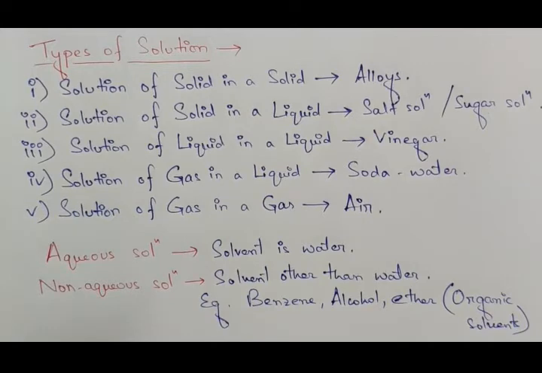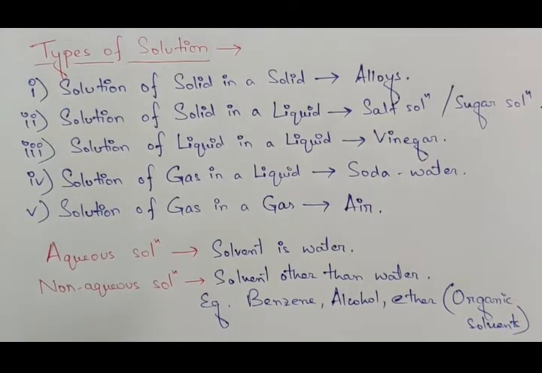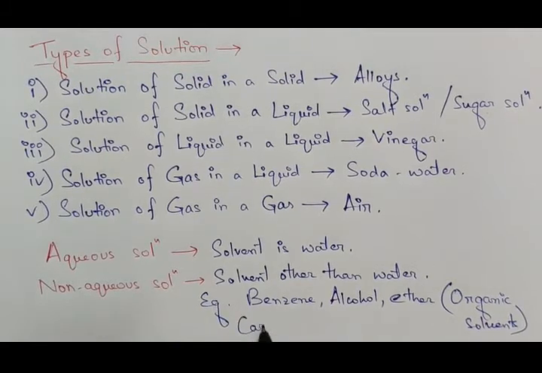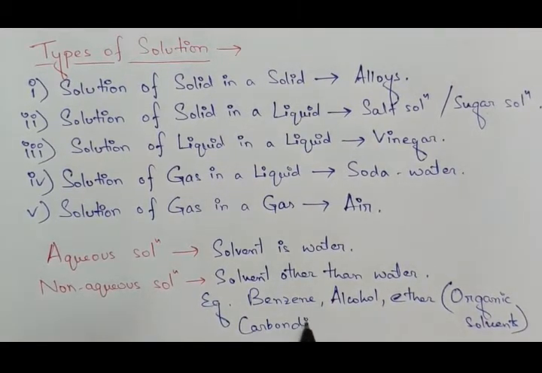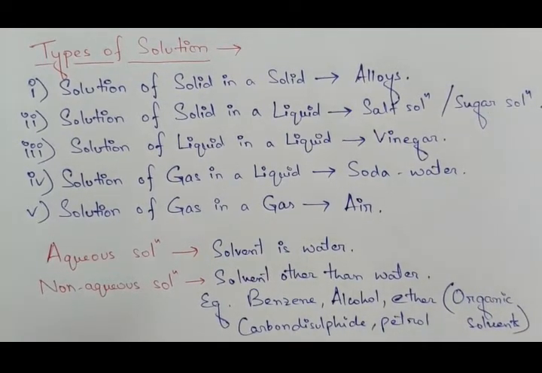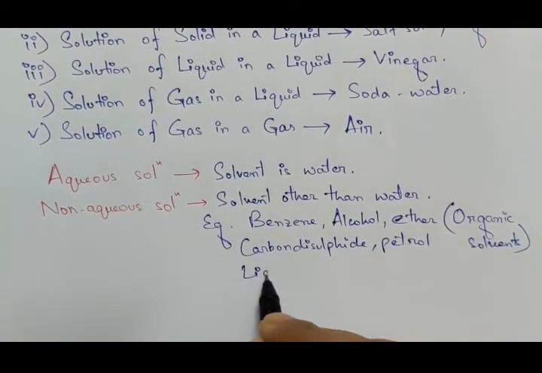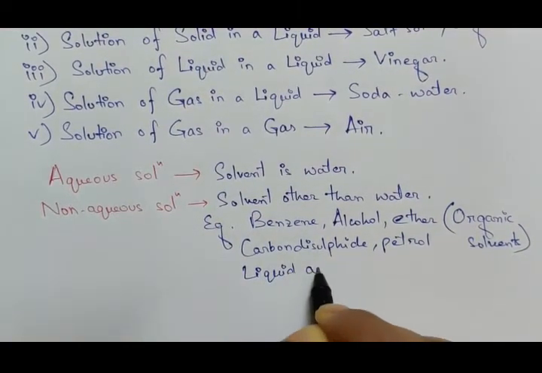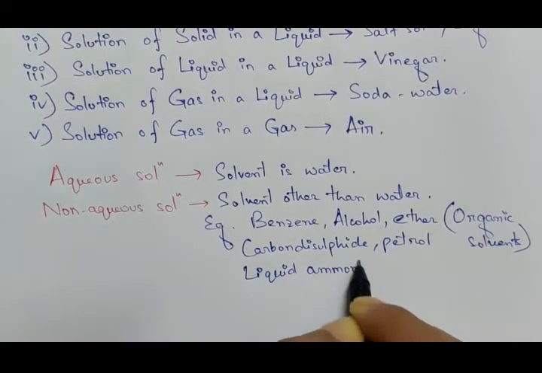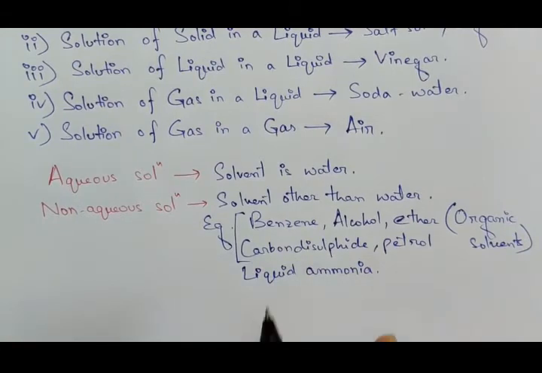So just now keep it in mind that they are the organic solvents. Some other examples are carbon disulfide, petrol, ammonia. Okay, these are the organic solvents, and liquid ammonia is the inorganic one.